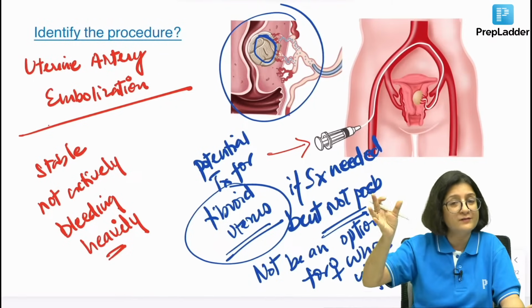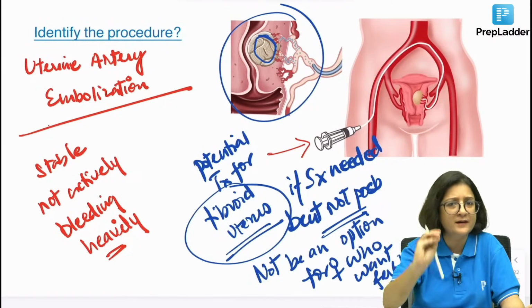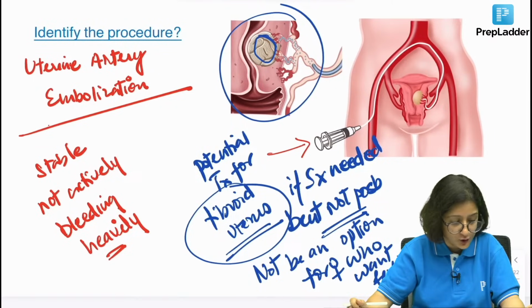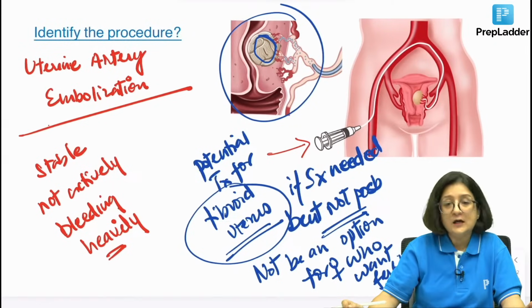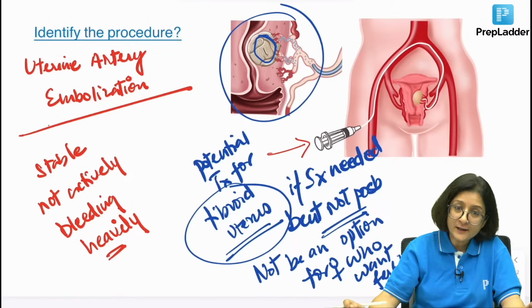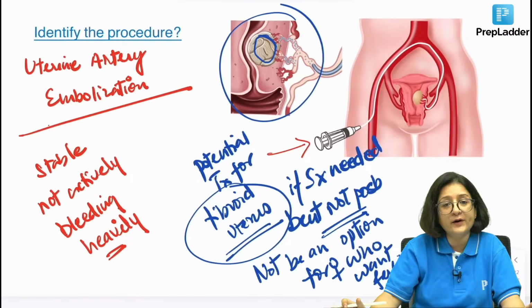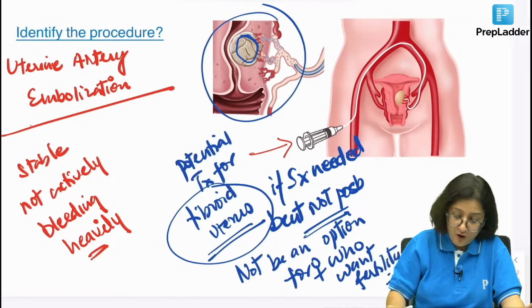So it may be detrimental to fertility, is what I would like to say. So it will not be an option for women who want future fertility, right? So these are the 4 important pointers you need to remember from this image.